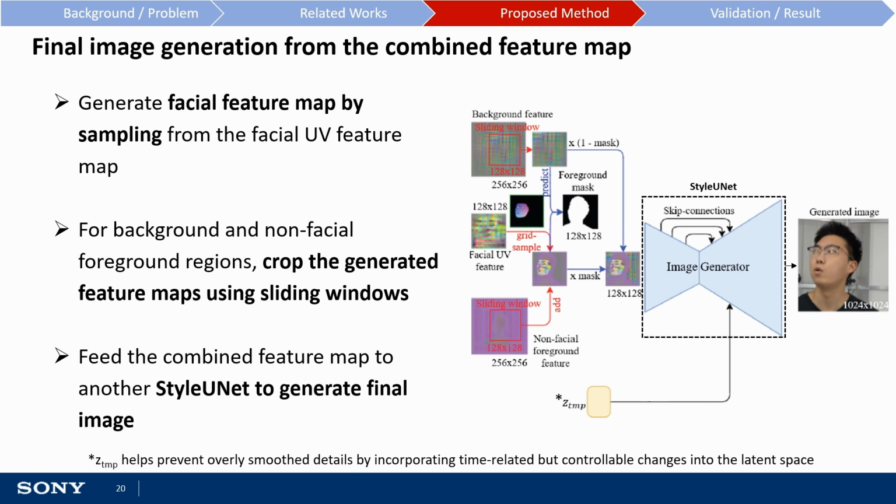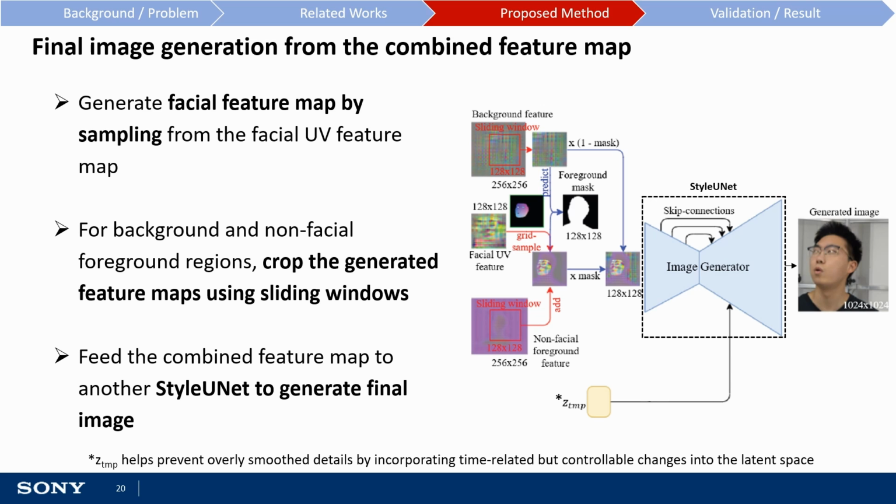The facial feature map is generated by sampling from the UV feature map using UV rendering. For the background and the non-facial foreground regions, they crop the generated feature maps using sliding windows to ensure the pixel-aligned relationship between the input feature maps and the output maps. To generate dynamic facial changes and protruding shapes like glasses, they directly add the facial feature map and the non-facial foreground feature map.